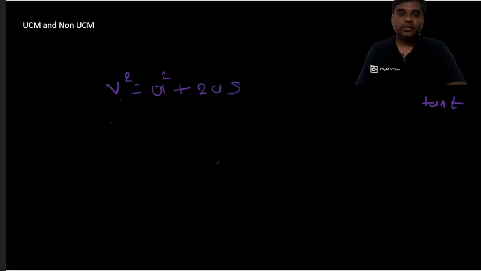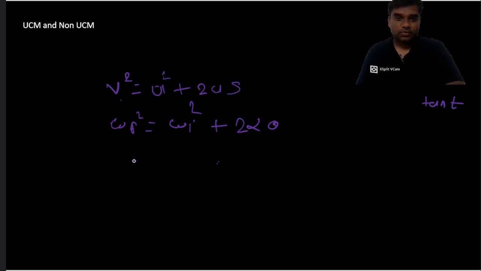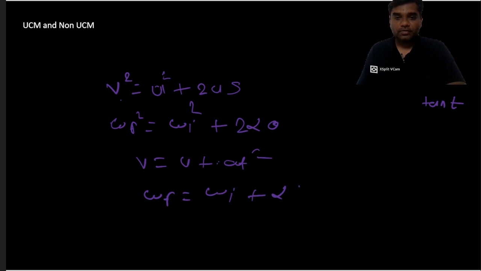So here we can write final angular velocity square is equal to initial angular velocity square plus twice of alpha theta. Just replace the linear quantities with the angular quantities. Similarly, v is equal to u plus at, so we can write final angular velocity equals initial angular velocity plus alpha t.